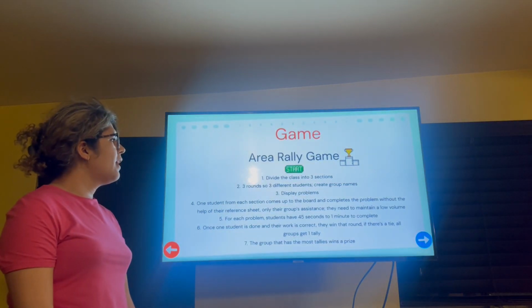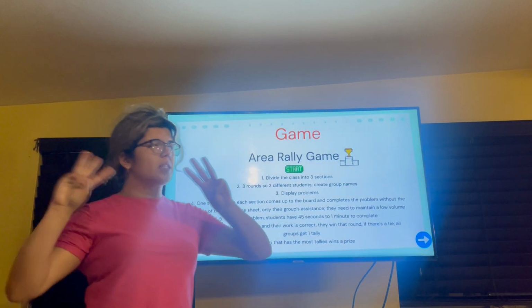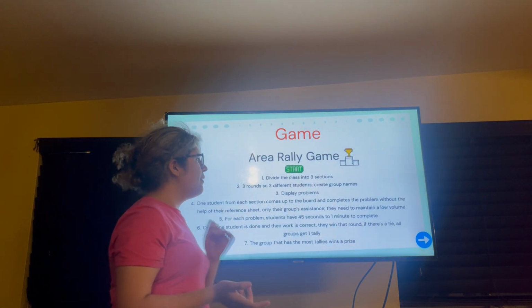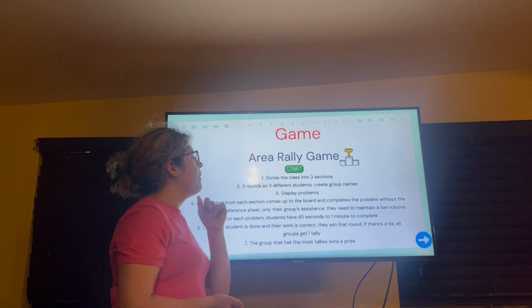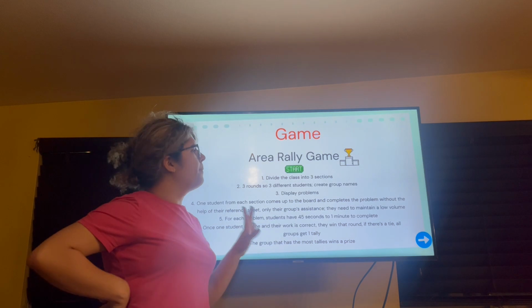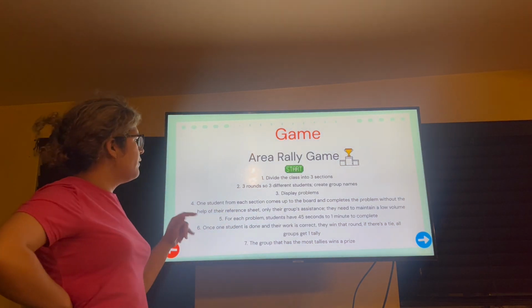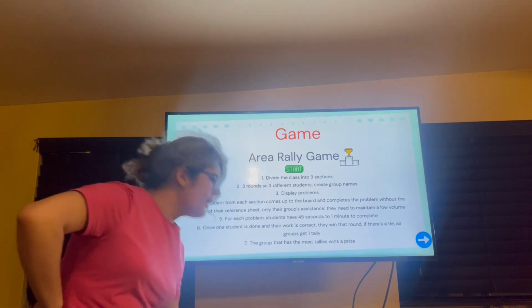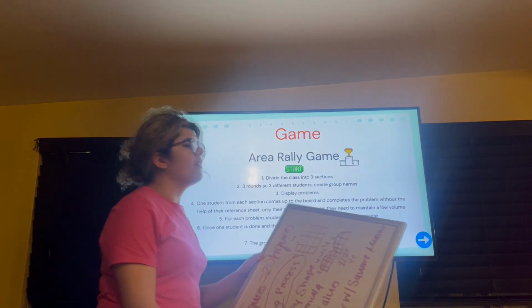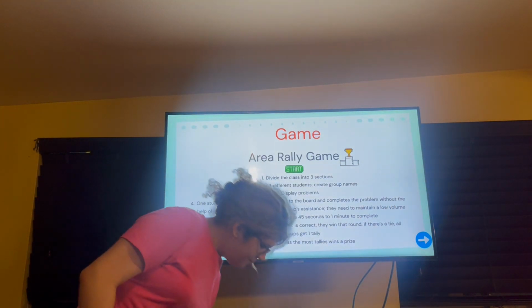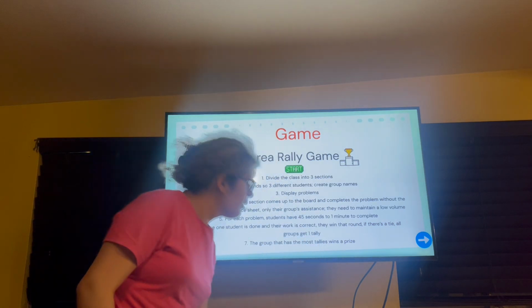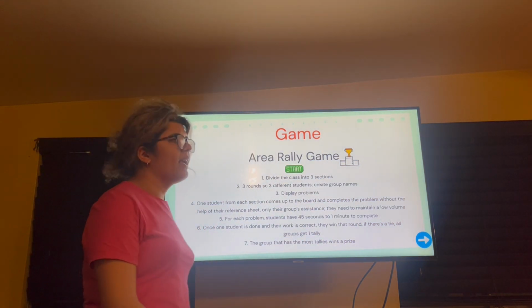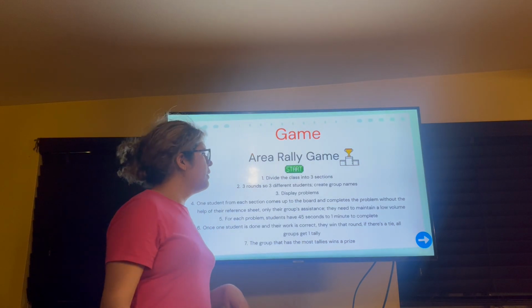So our game, I'll be dividing the class into 3 sections. So it's 3 different rounds of 3 different students, and they get to create their own names. I will display the problems. One student from each section comes to the board. My board here, of course it'll be blank and a lot bigger. And they can't use the reference sheet, but they can use their group's assistance.